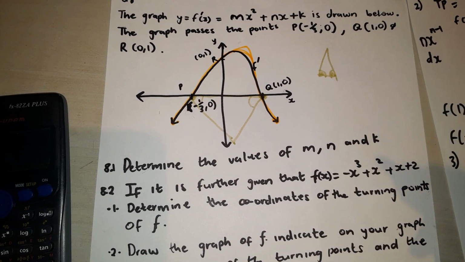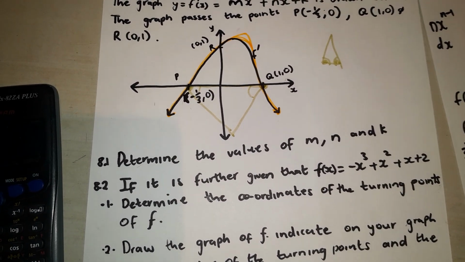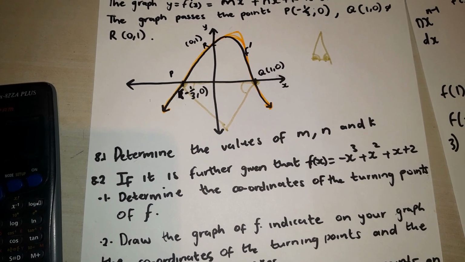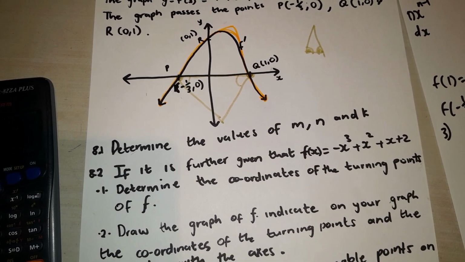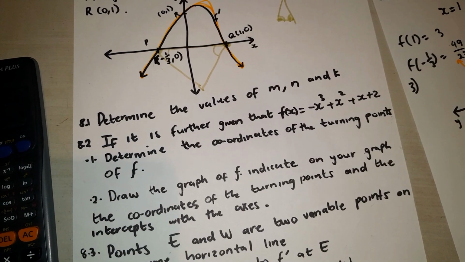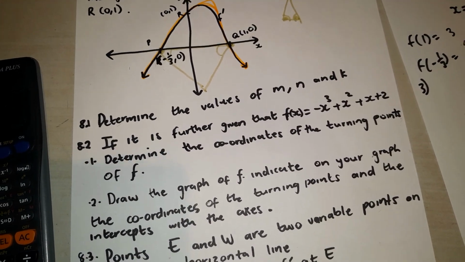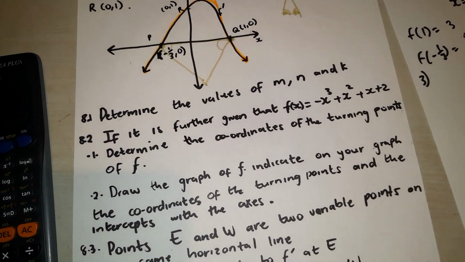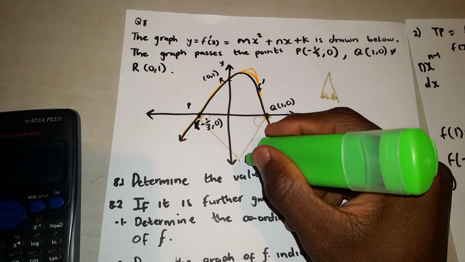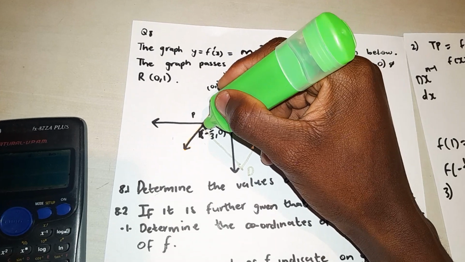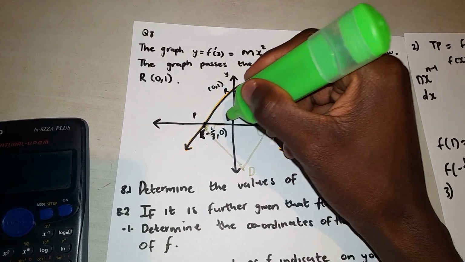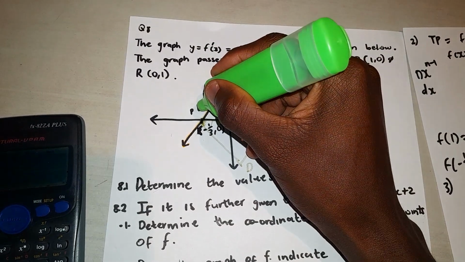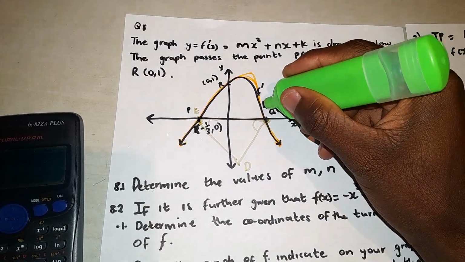So now, points E and W are the same variable points. H is a tangent at E, and G the tangent at W. H and G intersect at D. So now here we know that we will have our D. So I will just put E and W here.